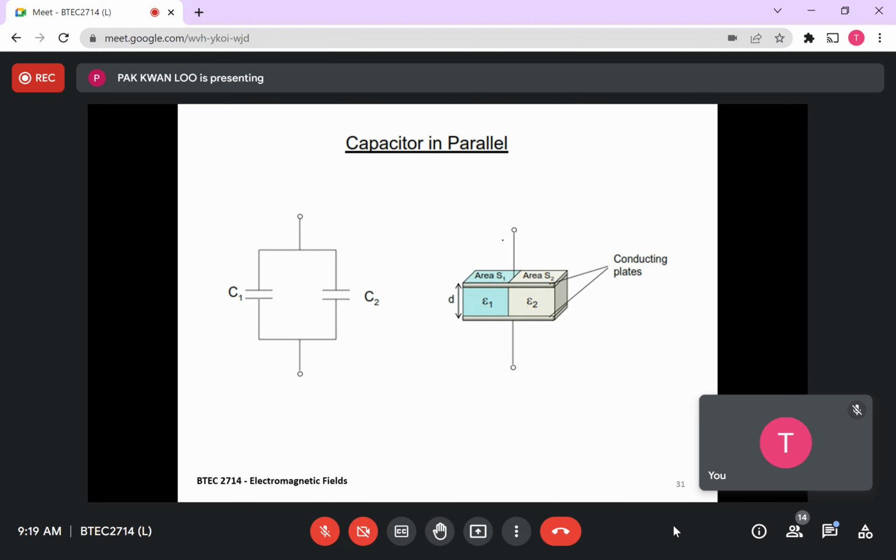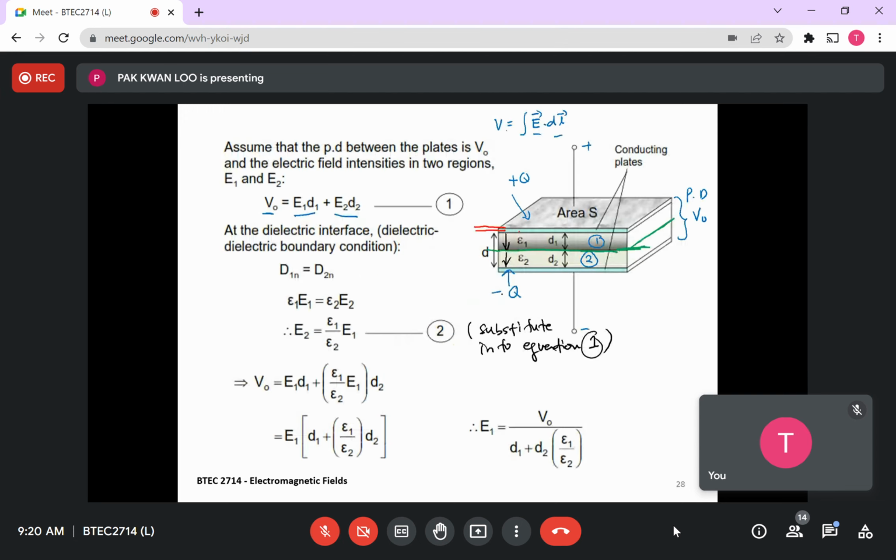So now we consider the dielectric material interface in such a way that it is not stacked on top of one another, not like in this case. This gives us series.